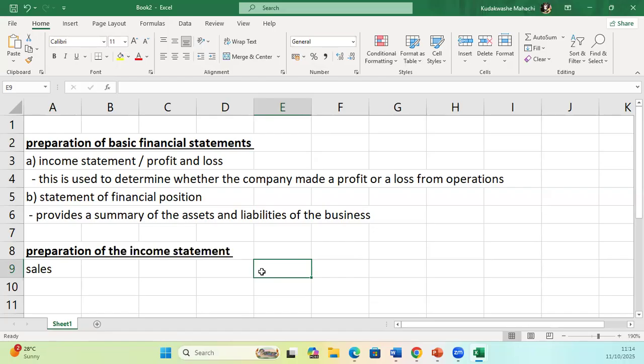It's not necessarily anything we have sold, but what we have sold from our daily activities. If we are in the business of selling groceries and we sell a motor vehicle, it's not part of sales. So if we want to calculate the profit, we use the sales from the day-to-day activities of the business.